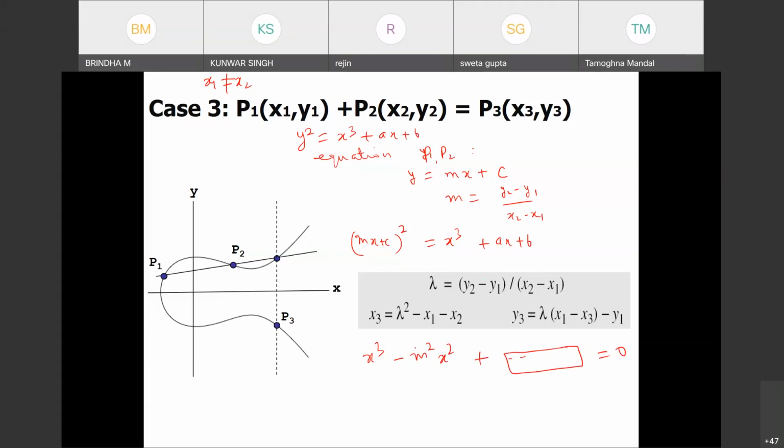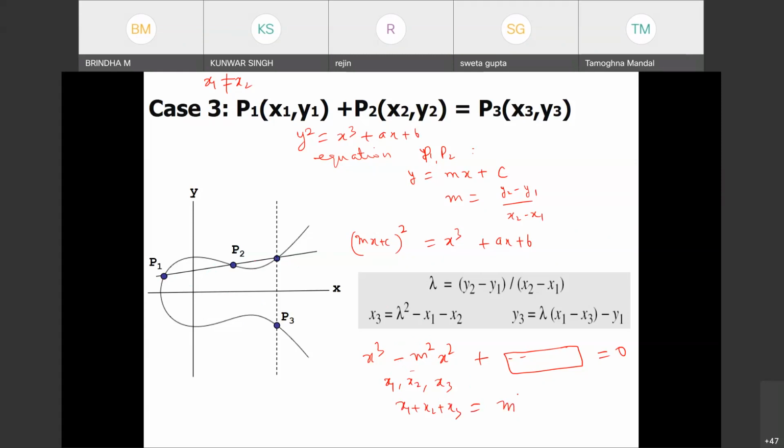Now you might have studied in 10 plus 2 maths that for a cubic equation with x cube minus m square x square, there will be 3 roots, x1, x2, x3, because the line intersects the curve at 3 points. The sum of the 3 roots will be the negation of the coefficient of x square, that is, m square.